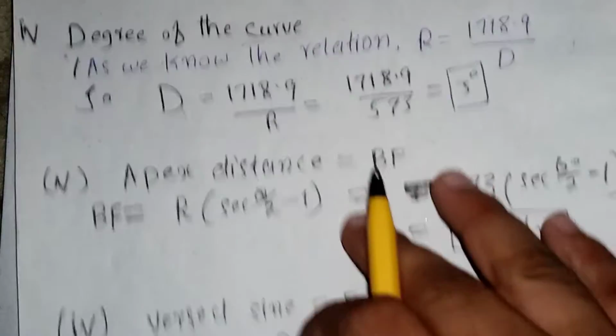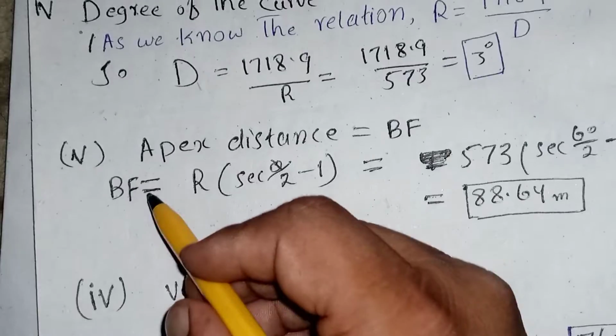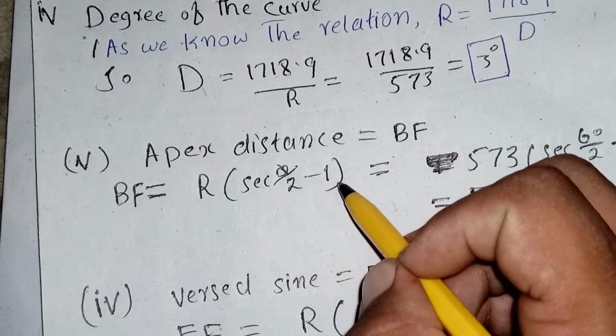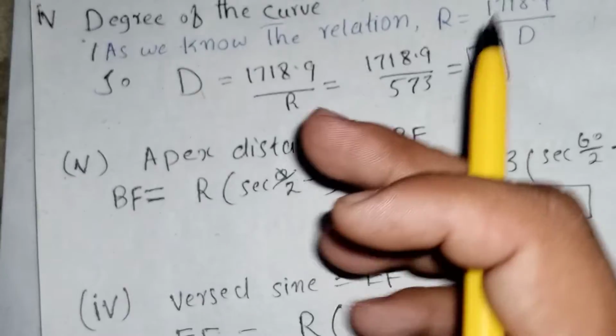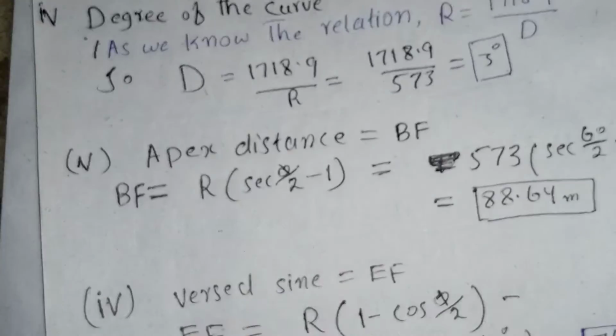We can find it by the formula BF equal to r into secant theta divided by 2 minus 1, the same formula as we found in the previous videos.